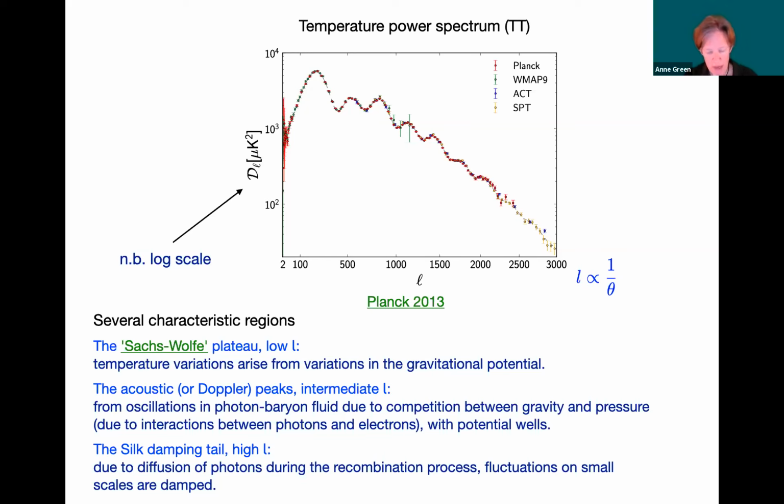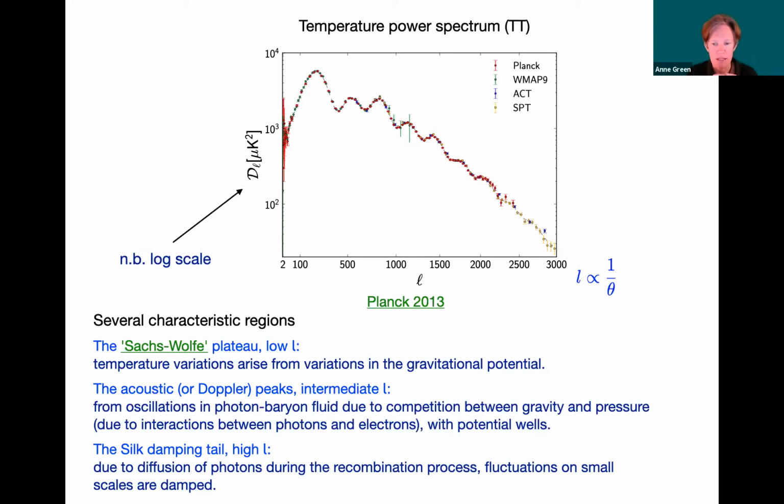Moving on a bit, we get this sequence of oscillations, and these are the acoustic or Doppler peaks. The physics of what's going on here is really very complicated, and Wayne Hu's website is the place to go. So what we've got is a photon-baryon fluid. The photons are tightly coupled to the baryons and they're oscillating.